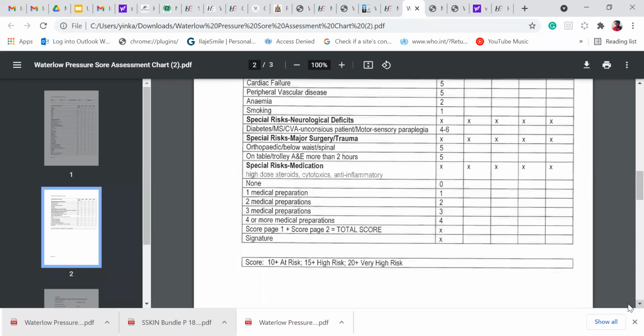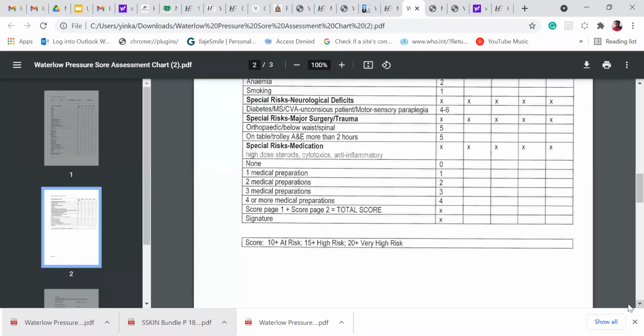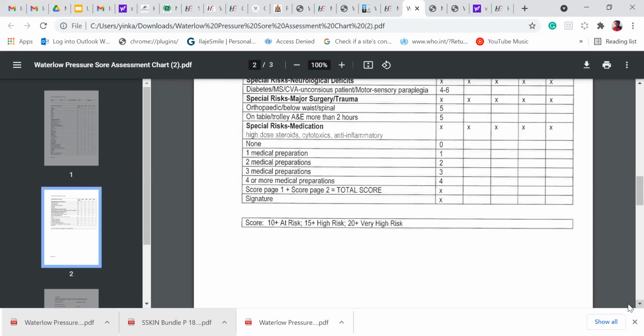A patient that has had orthopedic surgery, or a patient that has been on an A&E trolley or table for more than 2 hours, will score 5. There are also special risks like medications: patients on high dose steroids, cytotoxics, anti-inflammatories, all these as well will be scored.